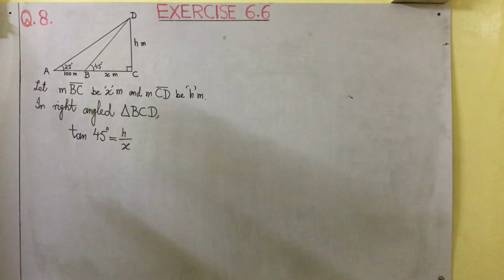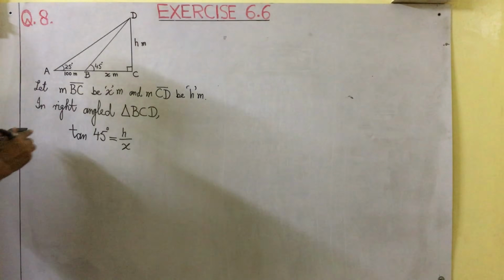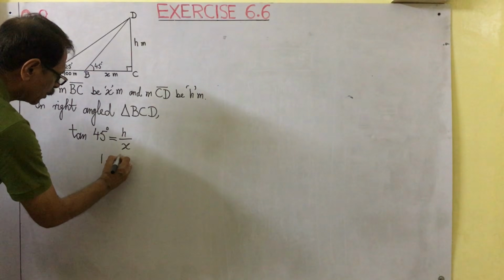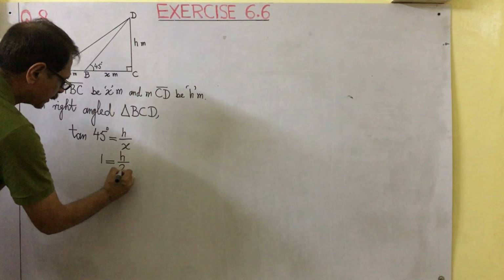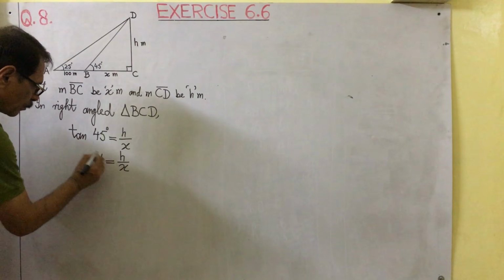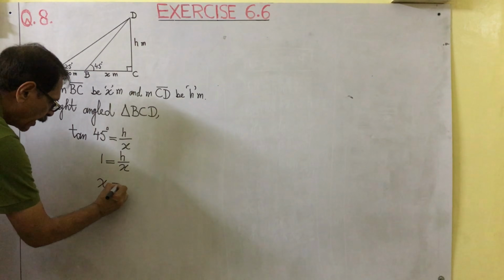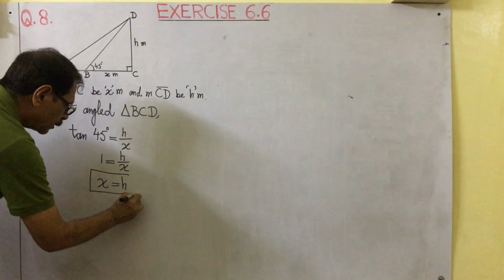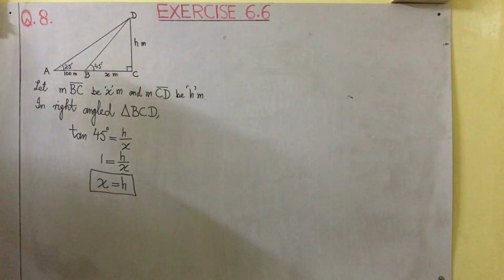Tangent of 45 degrees is going to be 1. So putting the value, 1 is equal to h over x. By cross multiplying, x is equal to h. This is the value of x.